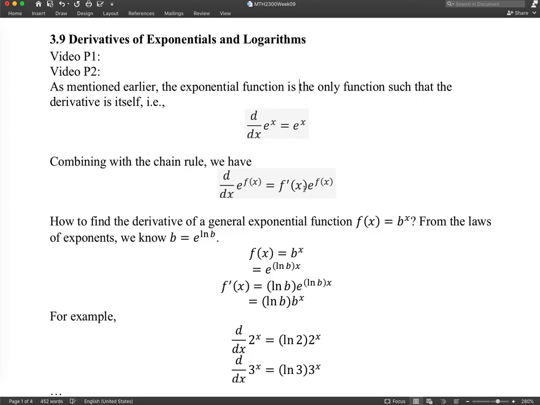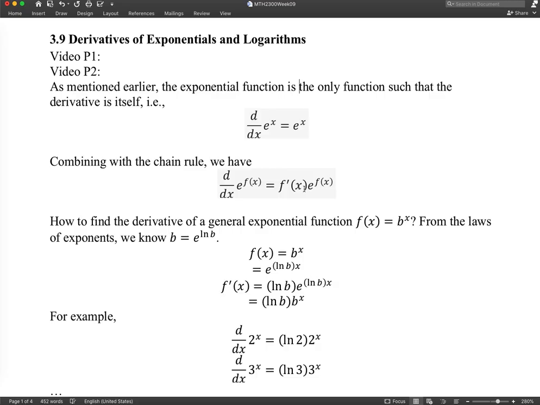To handle an exponential function that is not the exponential function, what you can do here is consider the logarithm. Believe it or not, it is very common: when you have trouble dealing with exponentials, you consider logarithms, and vice versa. If you have trouble dealing with logarithms, you may want to consider exponentials.